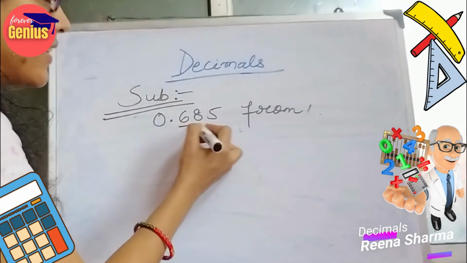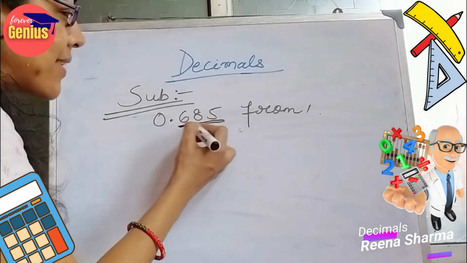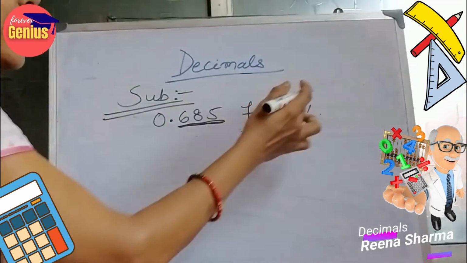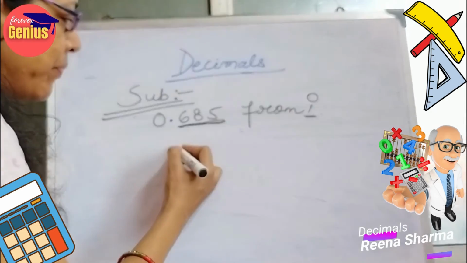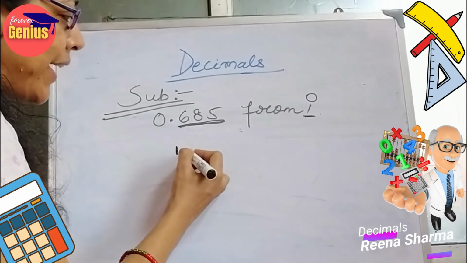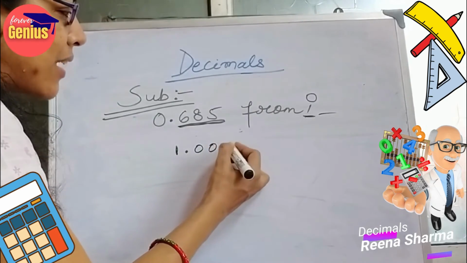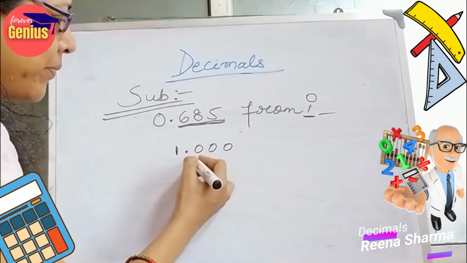After decimal here 3 digits are there. After decimal means these numbers are less than 1. So if here it is 1, it is coming under 1's place value. So see, 1 point. We don't have any decimals, so we will just add on here the number of zeros required.